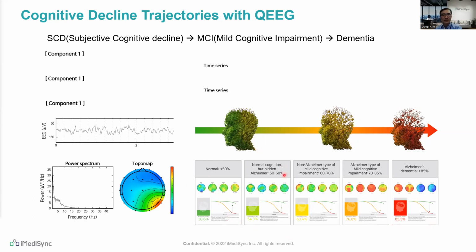We can classify the SCD, normal, and SCD, and MCI with amyloidopathy and Alzheimer dementia. We can classify this trajectory in the iSyncBrain MCI classifier.